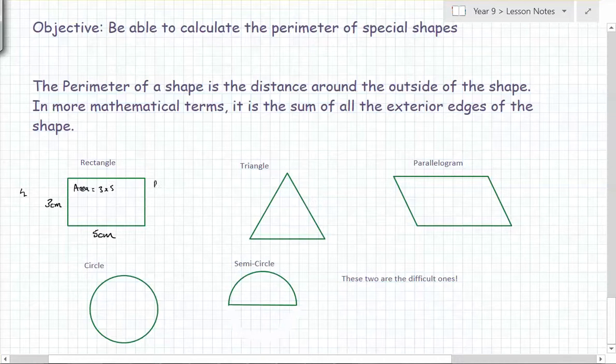The perimeter is 3 plus 3 plus 5 plus 5, which is 16. What are the units? Centimetres. Just centimetres, because it's just the length, you're just adding up 4 lengths.